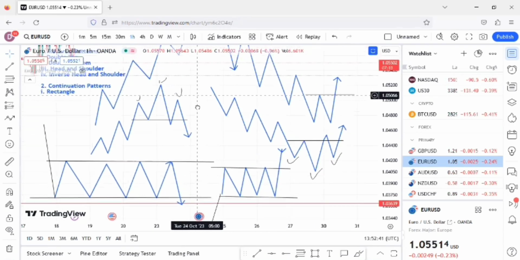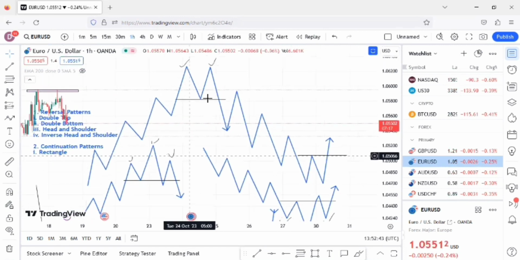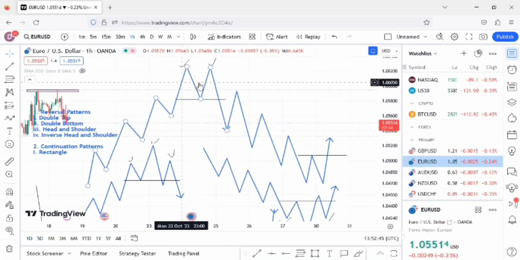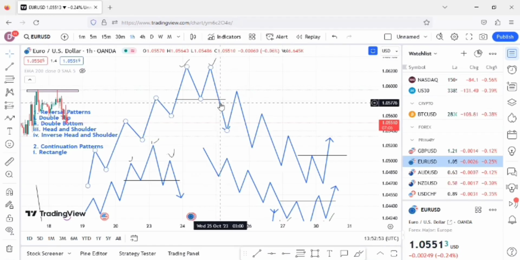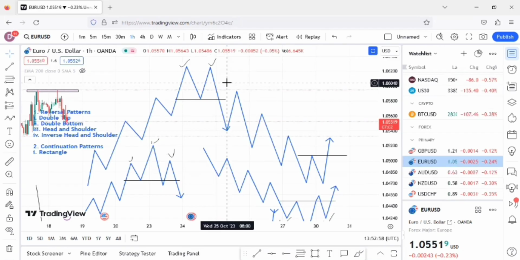Then there is another way to trade them. When you spot a double top pattern like this, you can wait. As soon as the price breaks the neckline, you wait for a retest, either to retest this neckline.